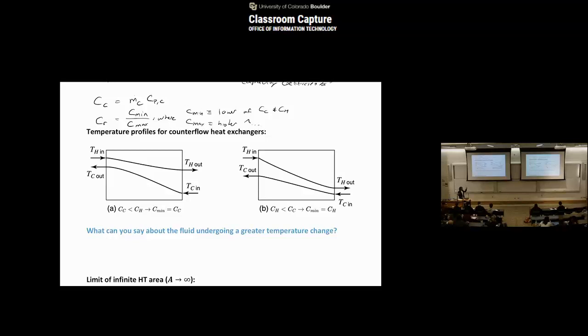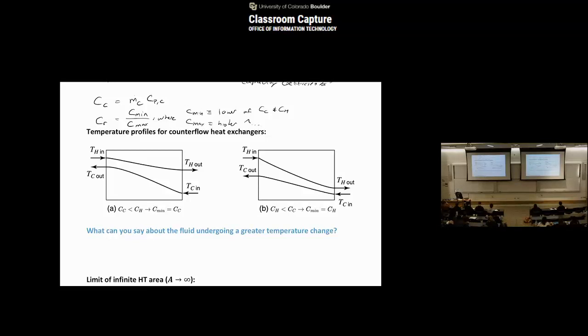The thing I want you to pay attention to in these two diagrams is the temperature difference of each fluid. The things that are the same between both: we have our T_H coming in at some hot temperature, we have our T_C coming in at some cold temperature, but our outlet temperatures are going to change depending on the conditions of our heat exchanger fluids.